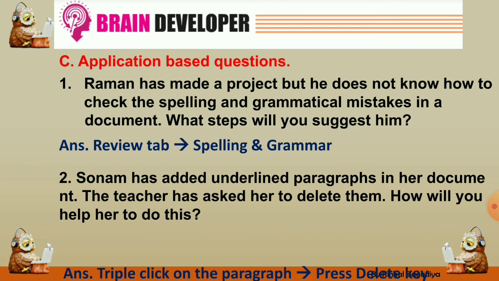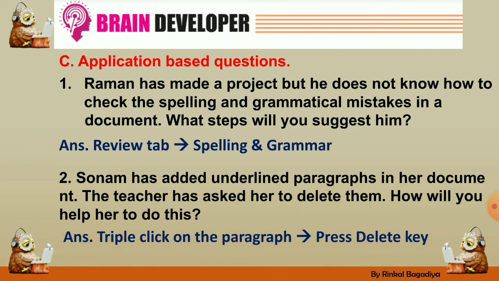The answer is triple click on the paragraph. First we have to select the paragraph that we have to delete. We can select the paragraph by triple clicking on it, and then press the delete key from the keyboard. Then our paragraph is deleted. So this way Sonam can delete her paragraph.